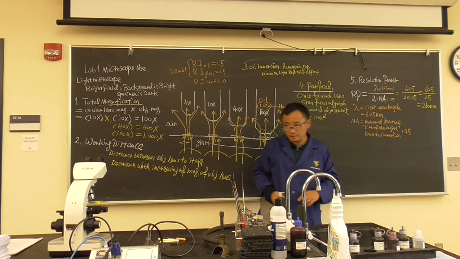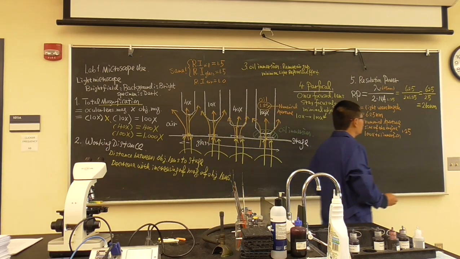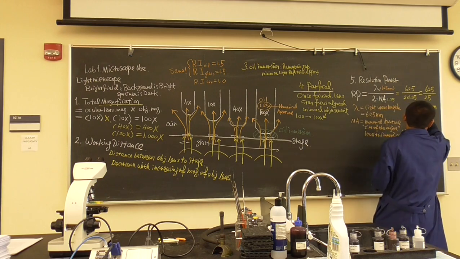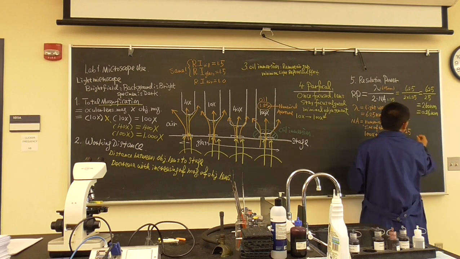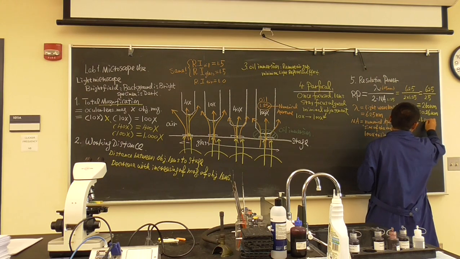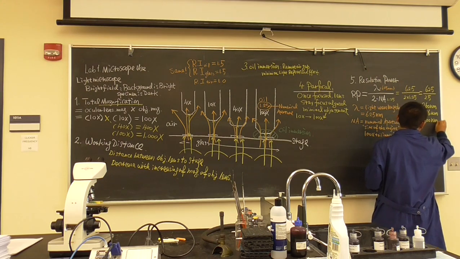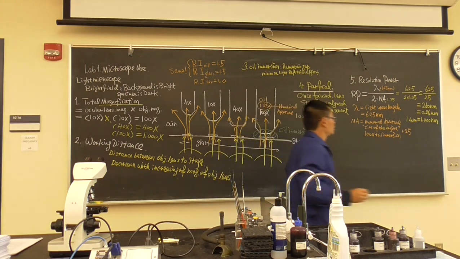Can we do a very simple unit conversion? 260 nanometer equals 0.26 micrometer. So remember, 1 micrometer equals 1,000 nanometer. And this number is very important here.